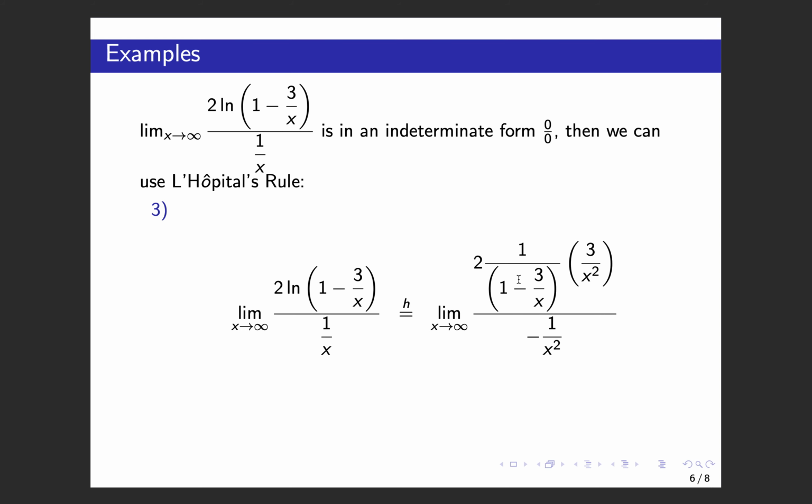You get 2 times 1 over 1 minus 3 over x times 3 over x squared, and the derivative of 1 over x is minus 1 over x squared, and this simplifies to 6 over x squared times 1 minus 3 over x, over minus 1 over x squared, when x goes to infinity.